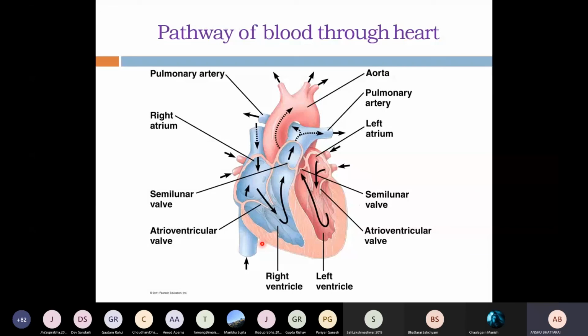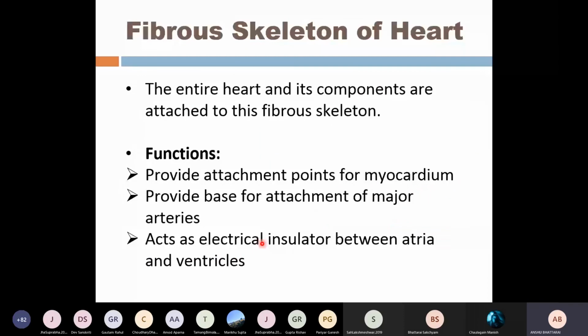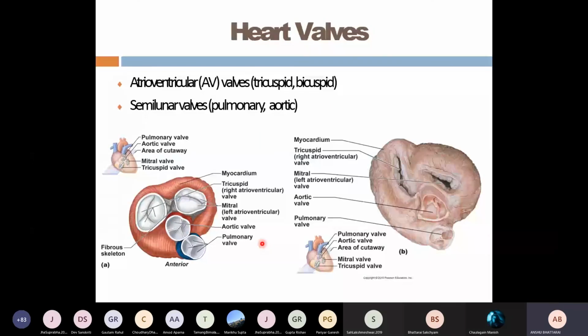One more thing. Priyanka, can you tell me why the wall of the left ventricle is much thicker than that of the right ventricle?